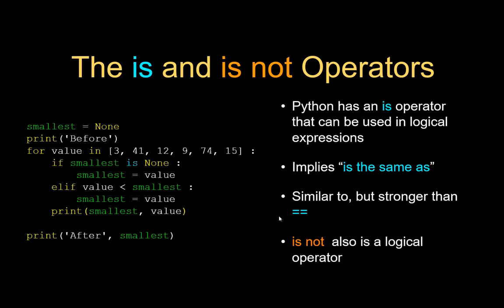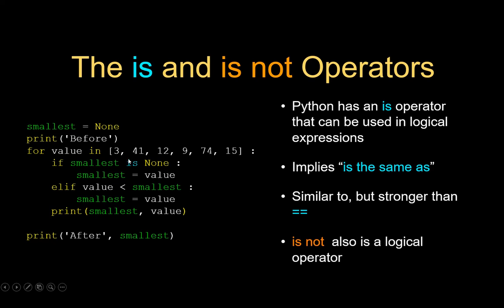The same applies to is not also. We can have an operator called is not, and it can check whether two variables have the same type and value. Here in this example, actually that's exactly the previous example.